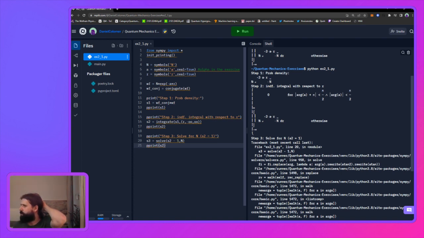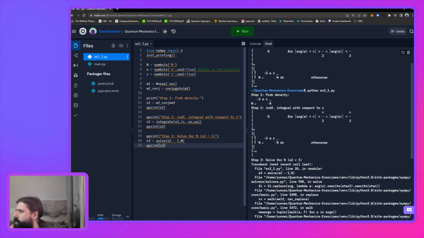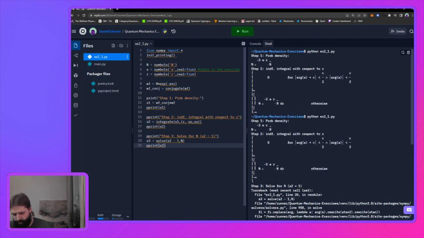The problem is that it's 0 in these cases. The problem is that it gives this kind of piecewise stuff here.